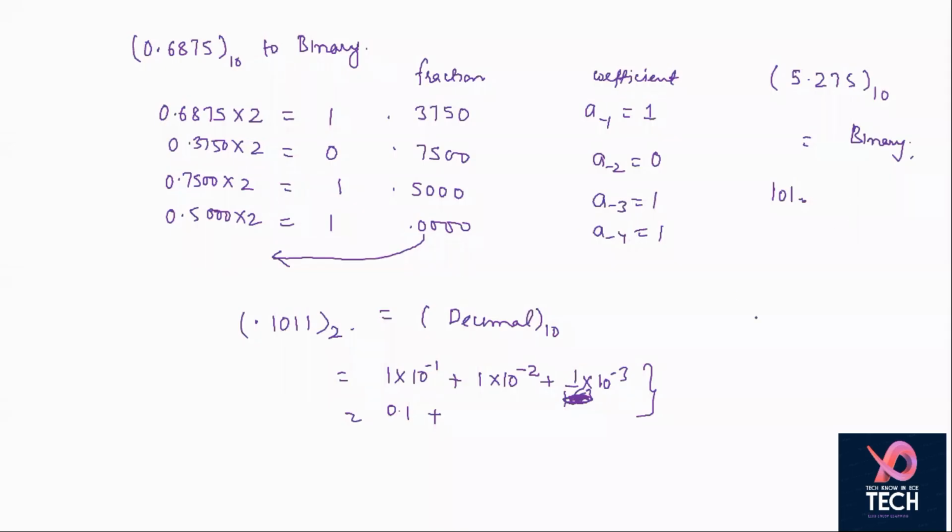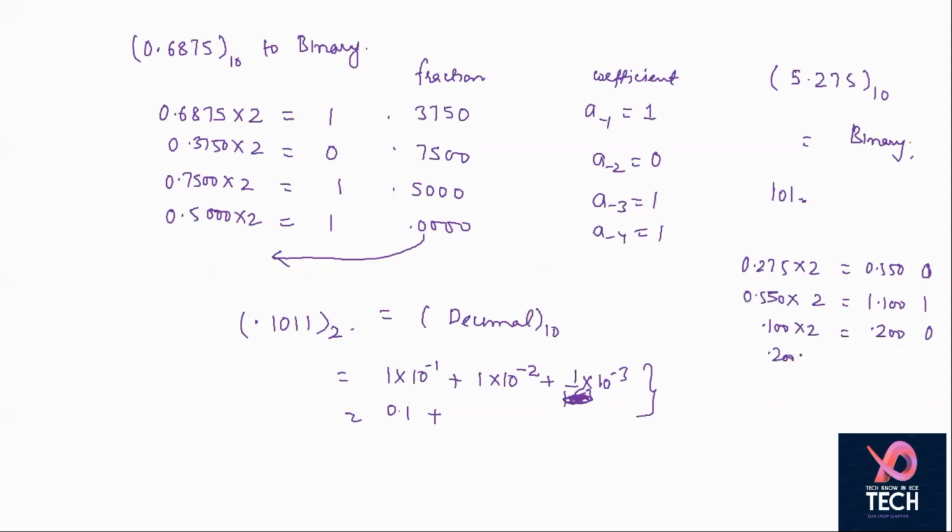Now take 0.275 into 2. This becomes 0.550, no coefficient. Then 0.550 into 2 becomes 1.100, coefficient 1. Then 0.100 into 2 is equal to 0.200, coefficient 0.